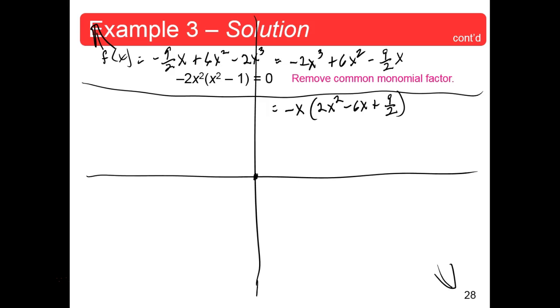All right, we're trying to graph this function, alpha of x equals minus 9 and so on. Two things we've done. We put it in standard form, which is decreasing order of the powers. Three things we've done. We factored out the greatest common factor, which is just a negative x.